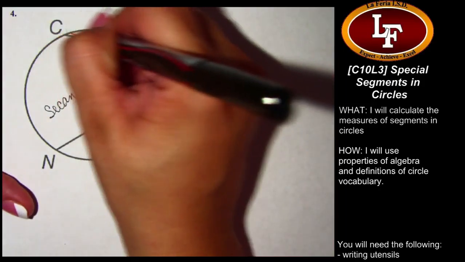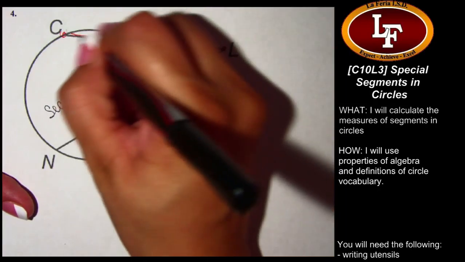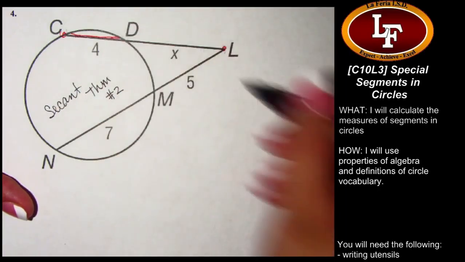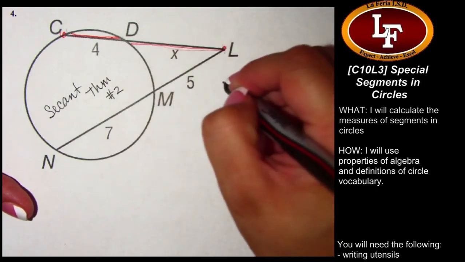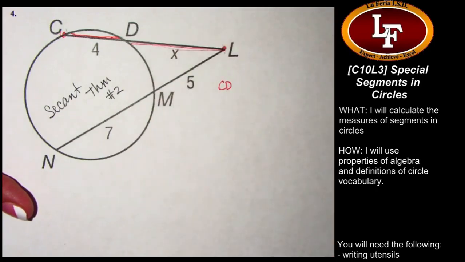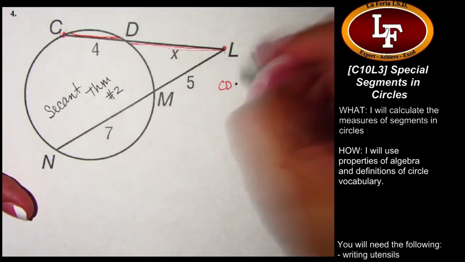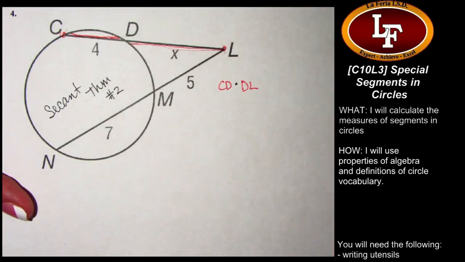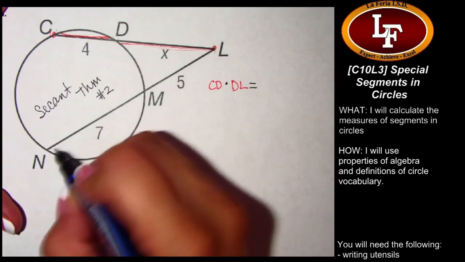So this secant right here from C to L has 2 parts. It has that part C to D, and it has this part D to L. So we're going to take CD, multiply it to DL, and that is equal to the parts of the other secants multiplied together.